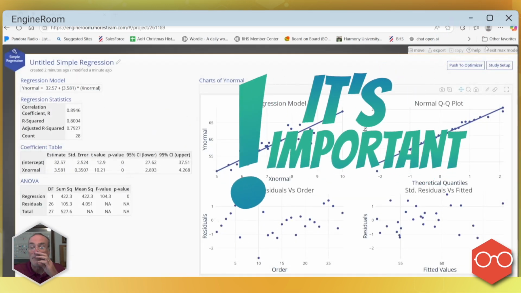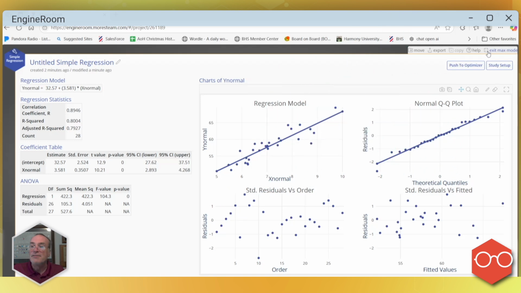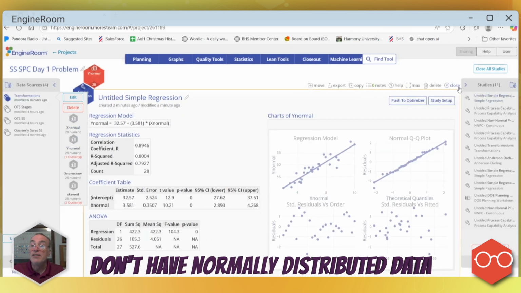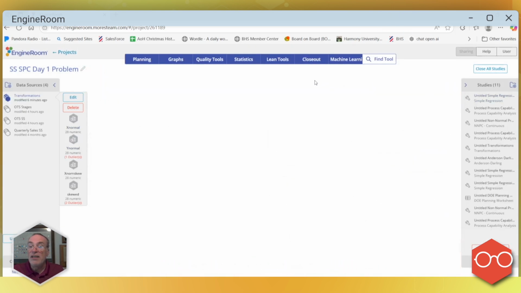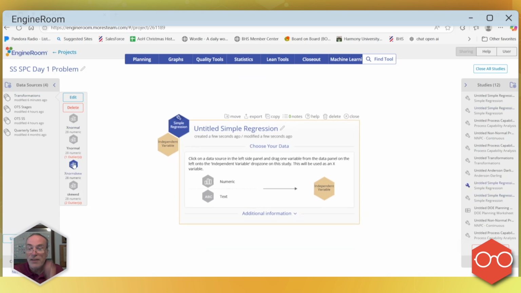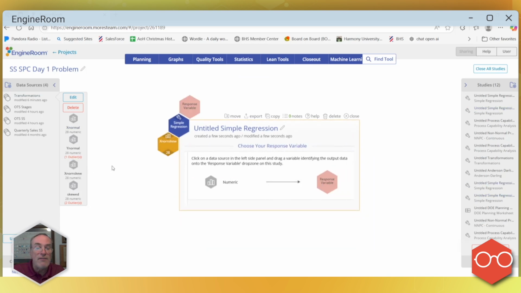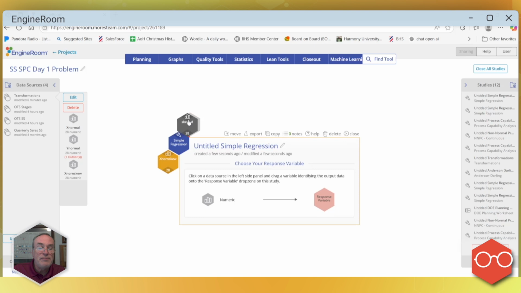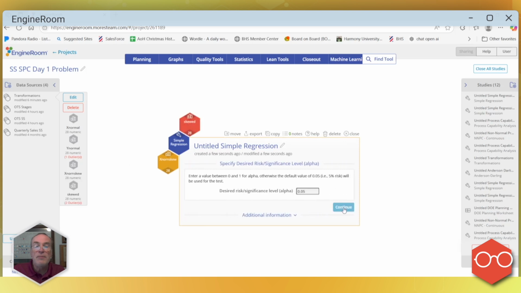That's why it's important. But we often don't have normally distributed data. So let's look at an example of where we don't, but we're going to create a model. So I have a simple regression. I'm going to have, again, an x variable, and I'm going to have a skewed variable.